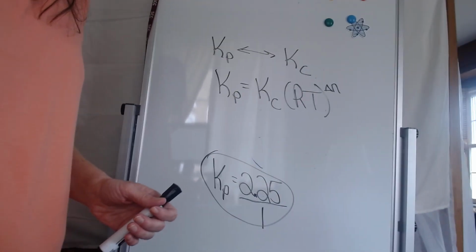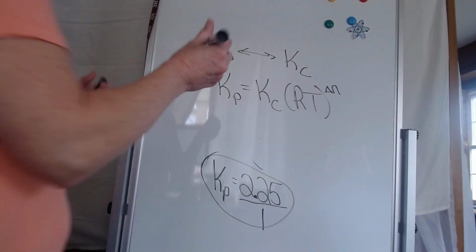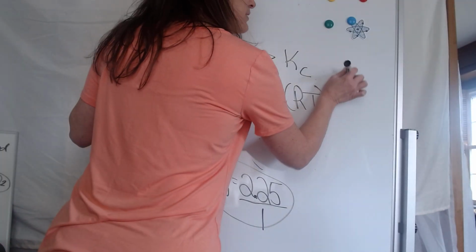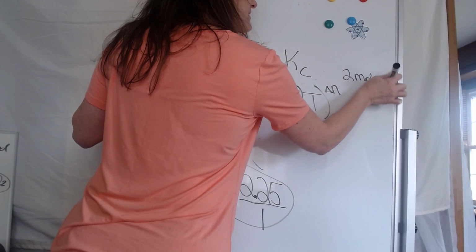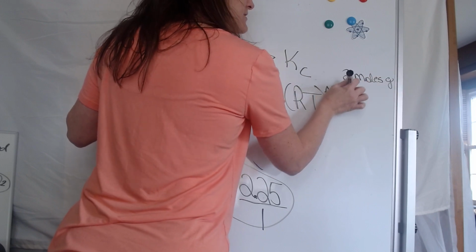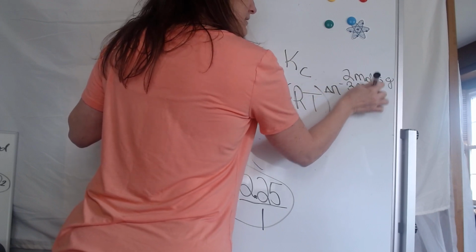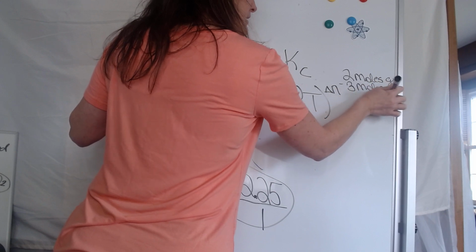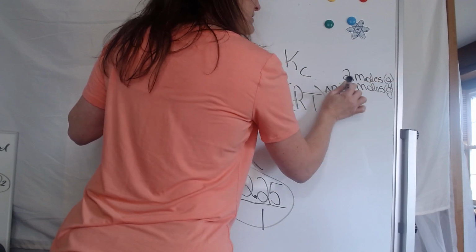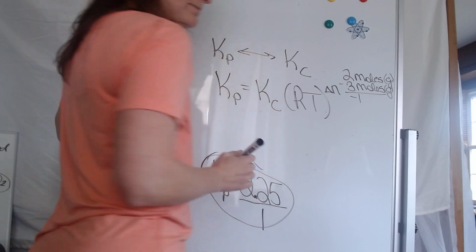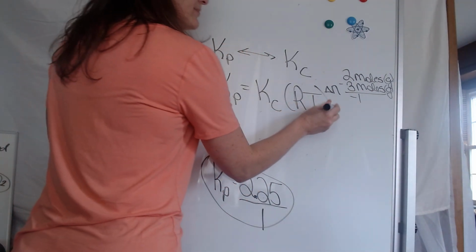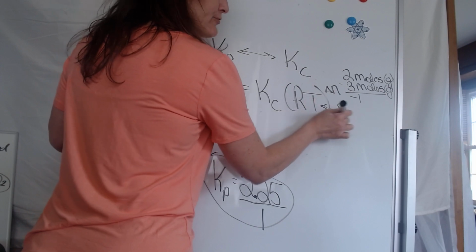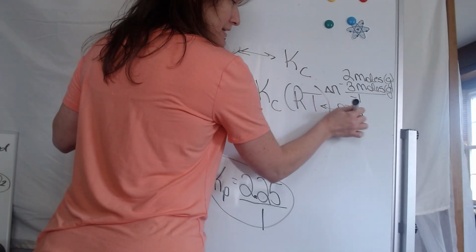So our delta N for this, we've got 2 moles of gas minus 3 moles of gas. So our delta N is -1. Okay, and then the temperature that I gave you for this problem is 273 Kelvin.